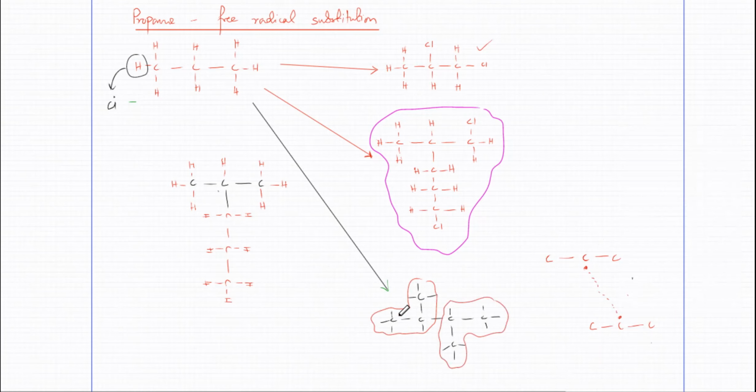So it's 3 carbon atoms, and the 2 carbon atoms in the middle are connecting to each other to form this molecule. What I can do is bend this carbon to the top, and bend this carbon slightly to the bottom, and the 2 carbon atoms can get together and connect in the middle.